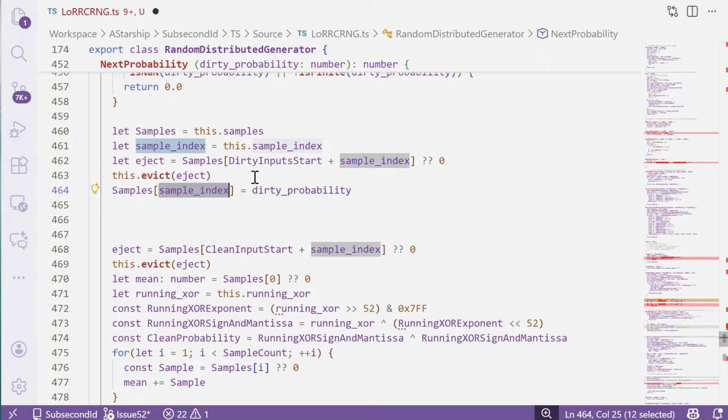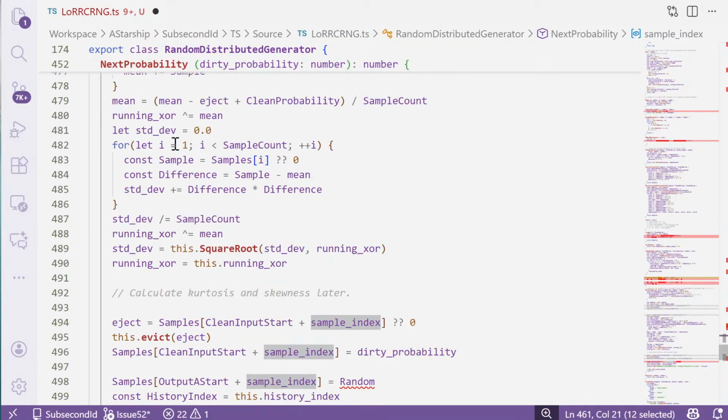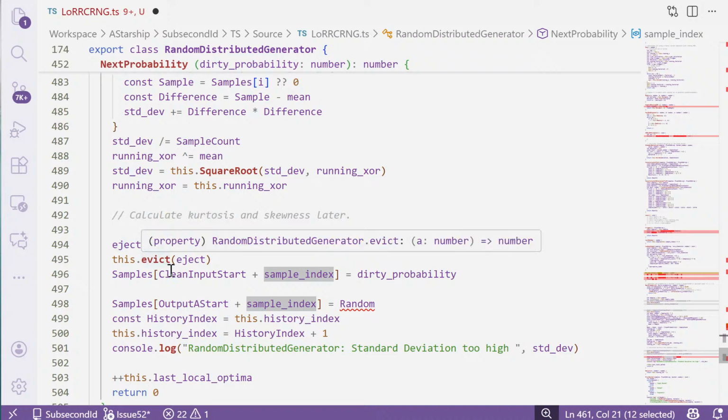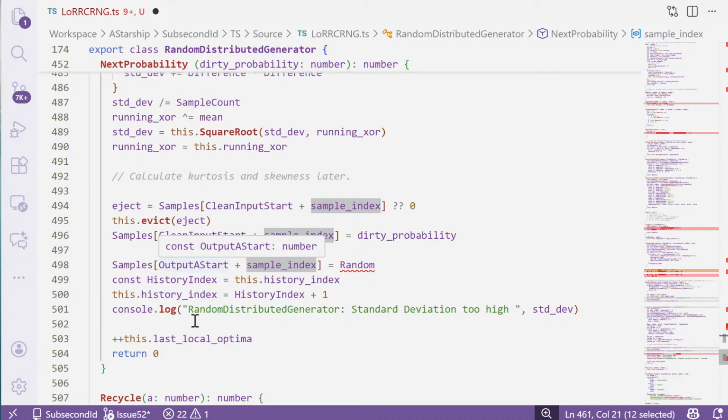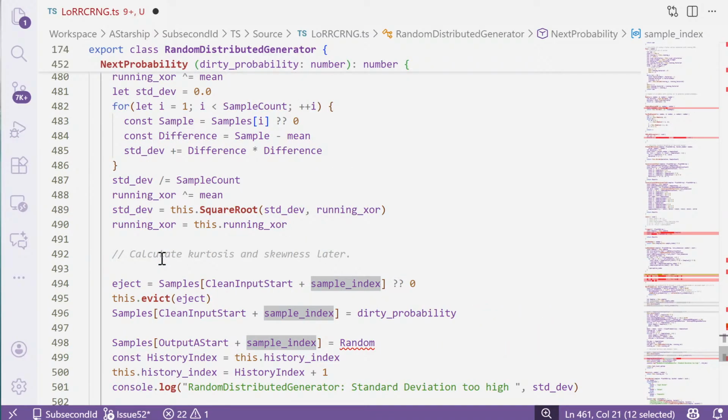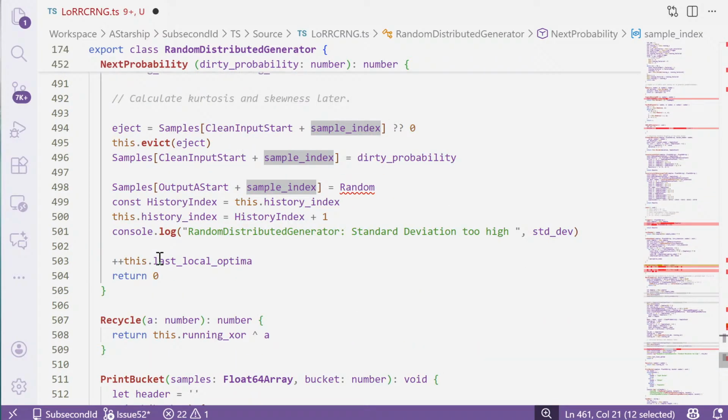Okay, so I have two options. I can pre-increment or post-increment. I'm going to post-increment. What about sample count? All right.